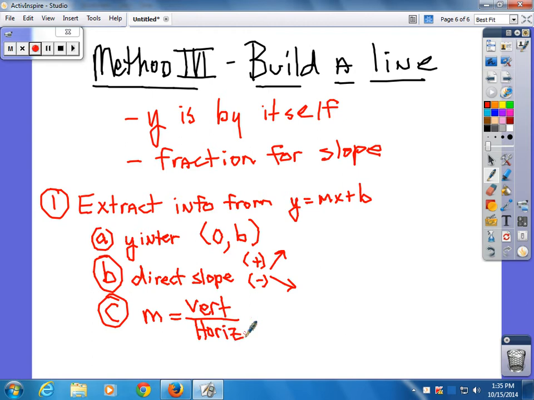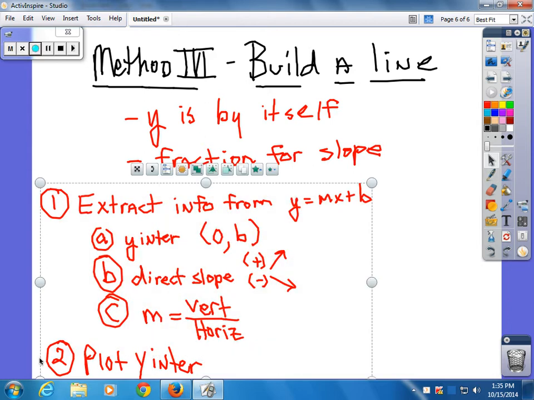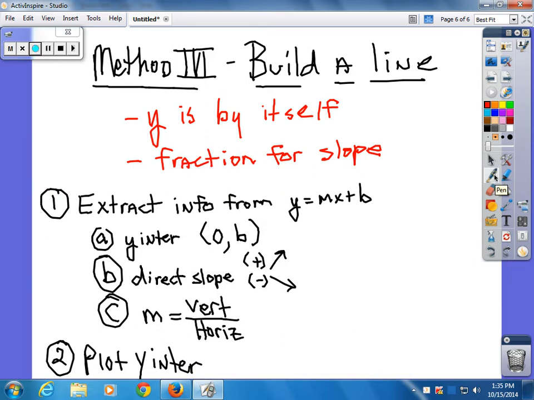Now, what do you do after you find out all that information? That's easy. All you got to do is look at it and you find all that information. What do you do with it? Well, the second thing you do is plot the y-intercept. Number 3, draw a trace line.